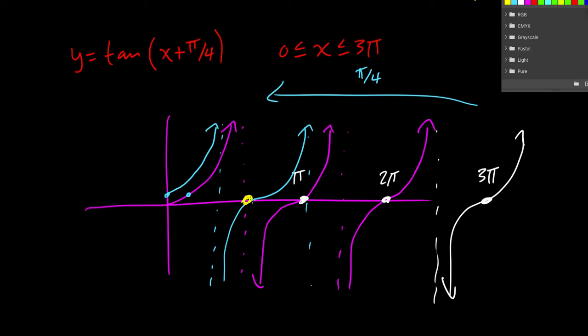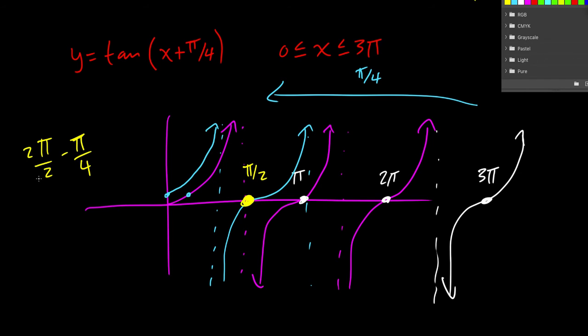And so this asymptote, the purple one, on regular tangent is at pi halves. If we shift that to the left by pi fourths, we get pi halves minus pi fourths.